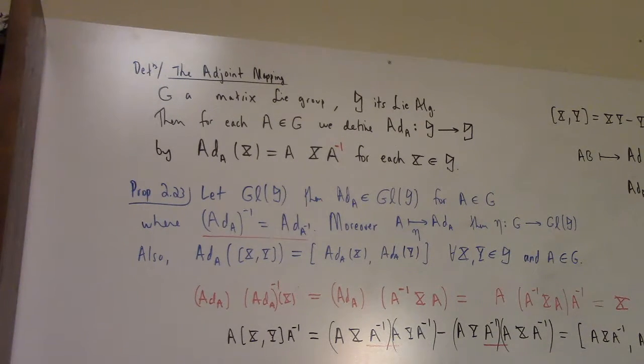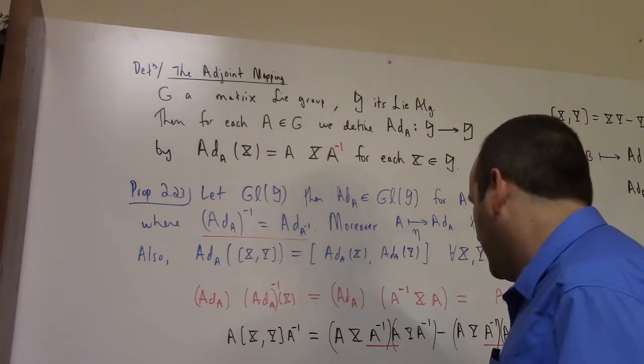What that says is that the bracket in the Lie algebra maps to the bracket. Let me write it more symbolically.